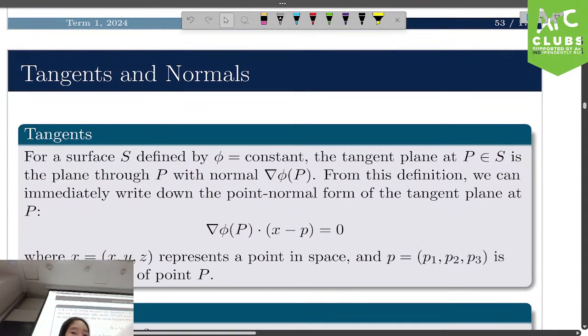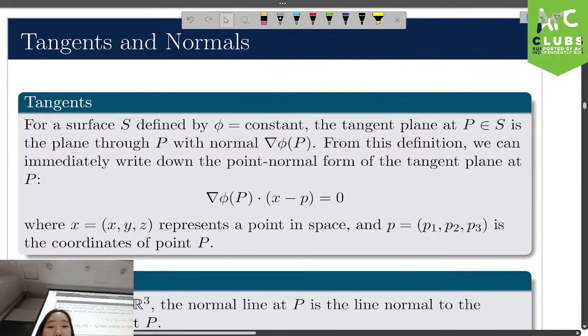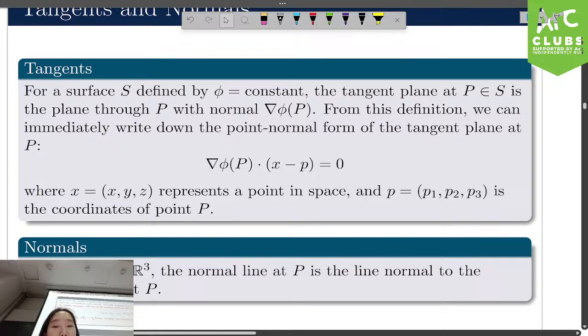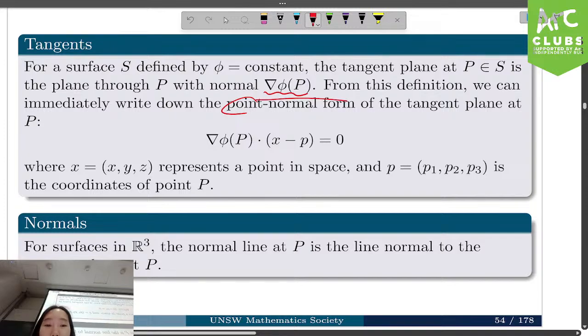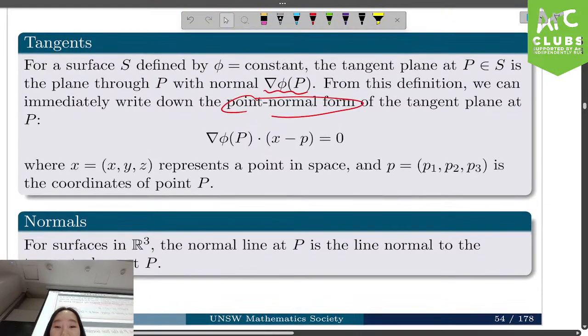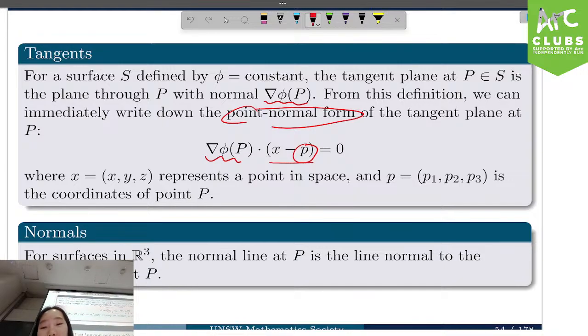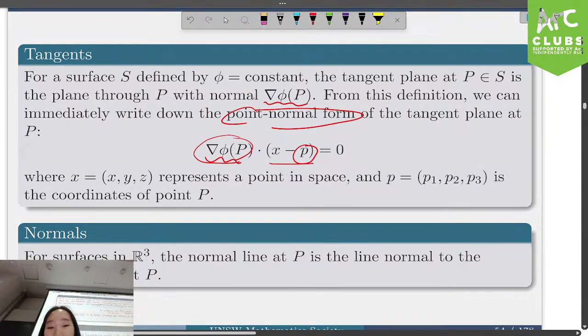Tangents and normals. For a surface S defined by phi equal to a constant, the tangent plane at P belonging to S is a plane through P with normal nabla phi at the point P. From this definition, we can immediately write down the point-normal form of the tangent plane at P. This is our gradient, and we are going through the point P, so (x minus P) dotted with the normal is our tangent plane.